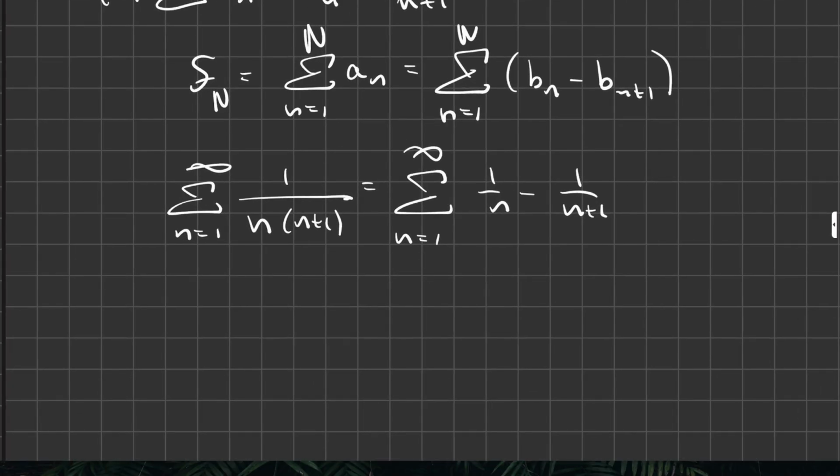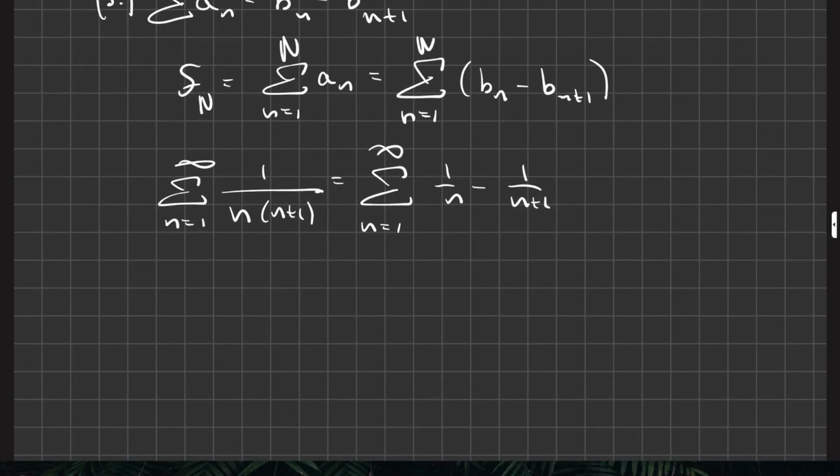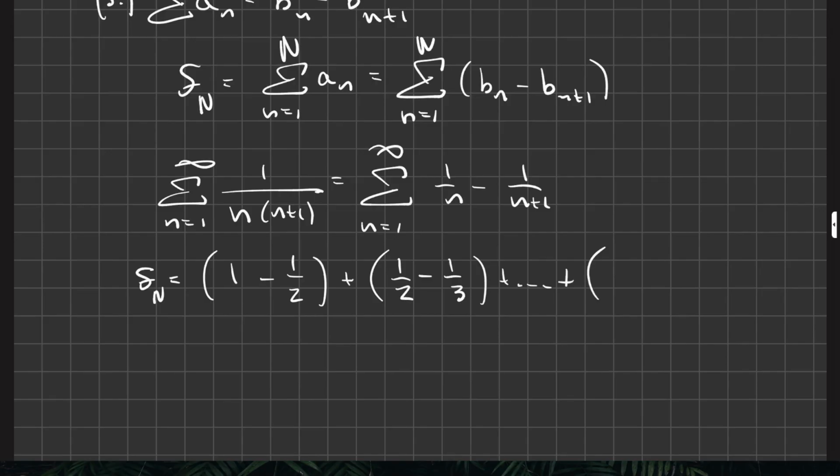Then we considered its partial sum, which we could expand as 1 minus 1/2 plus 1/2 minus 1/3 plus on and on up to 1 over N minus 1 over N plus 1.